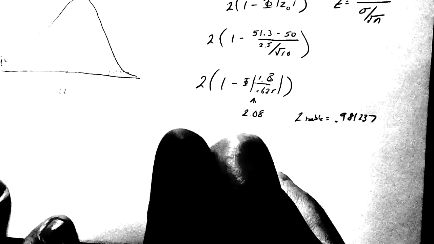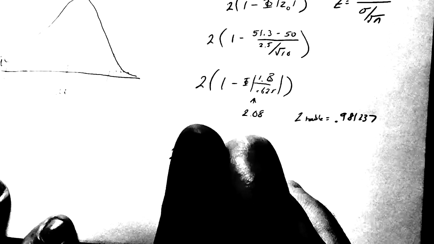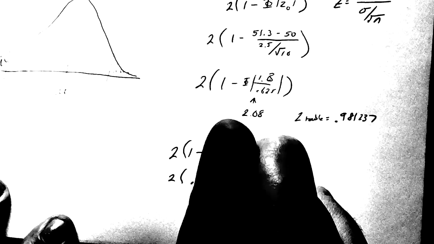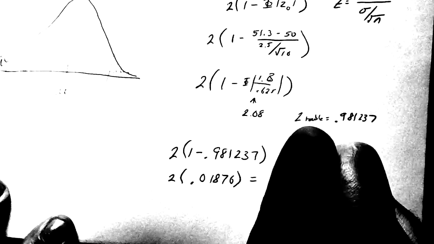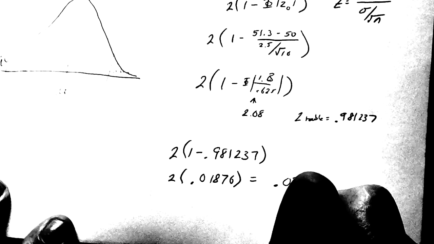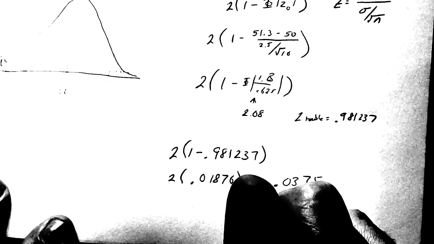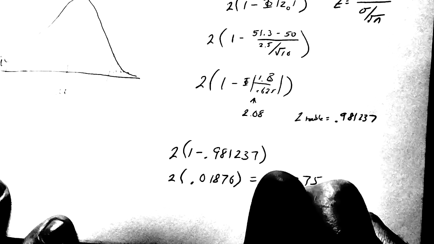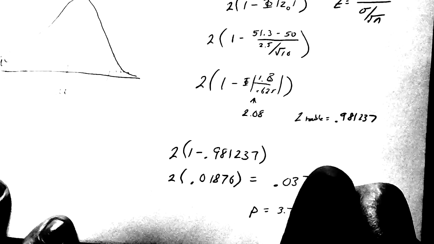And so that is equal to 2 times 0.01876, which is equal to 0.0375. And so you're looking at a p-value. P is equal to 3.75%.